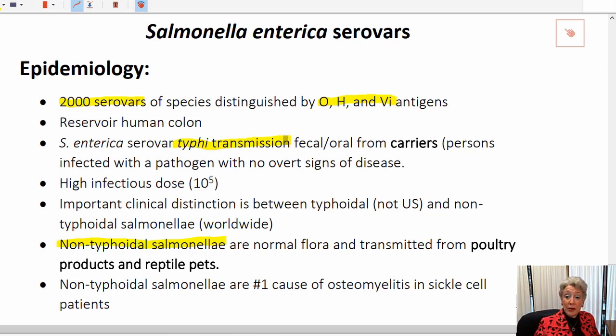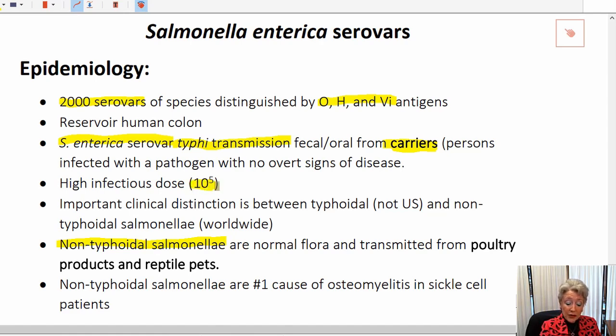1,999 subtypes that are non-typhoidal, and only one name that you need to know that is typhoidal. Now, Salmonella enterica typhi has a carrier state, persons who are infected with a pathogen but have no overt signs of disease.